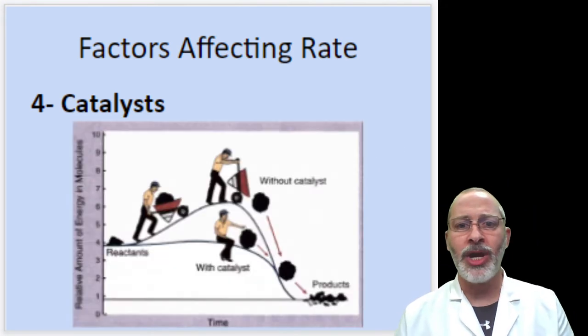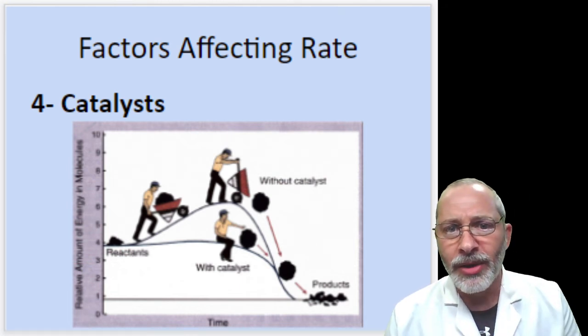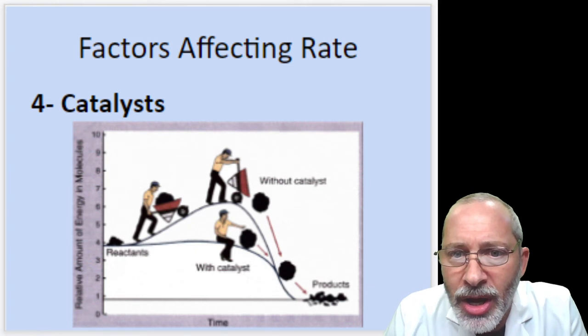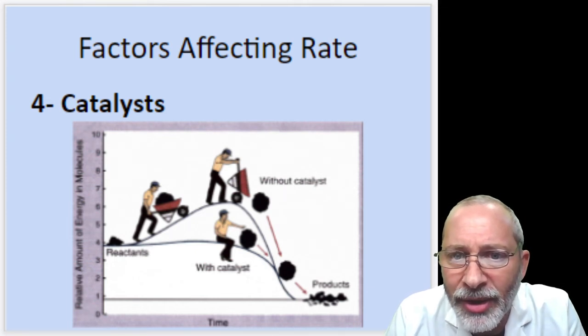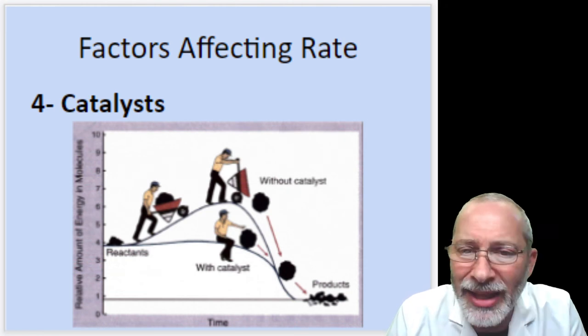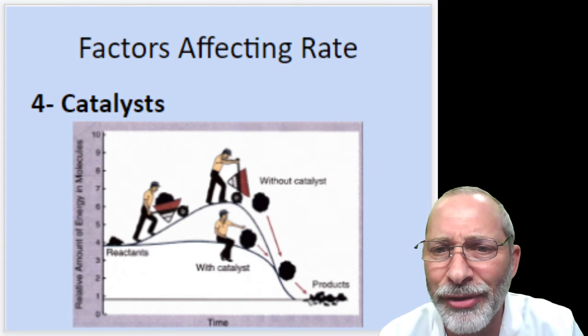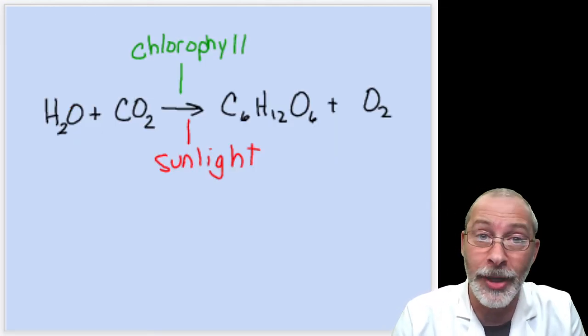Well, let me try and give you another example here. Here's a picture of, oh golly, a pile of dirt. I don't know how this has to do with activation energy. Let me go on to another example. I don't really care for that one, okay? Let's look at this, a chemical reaction.